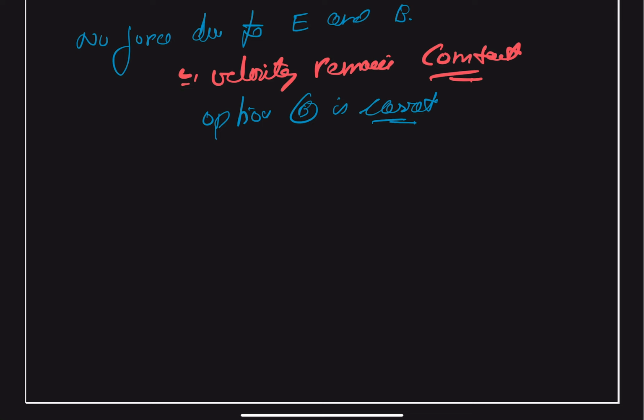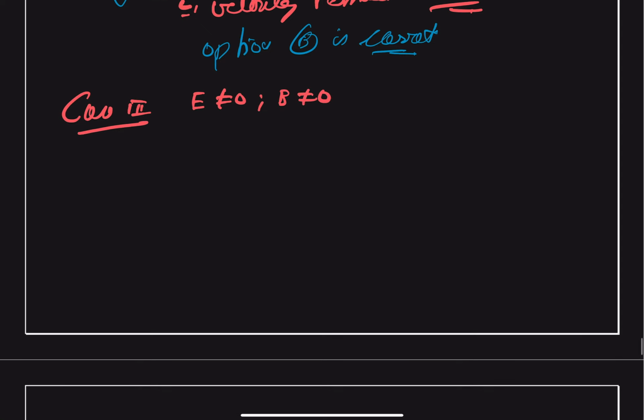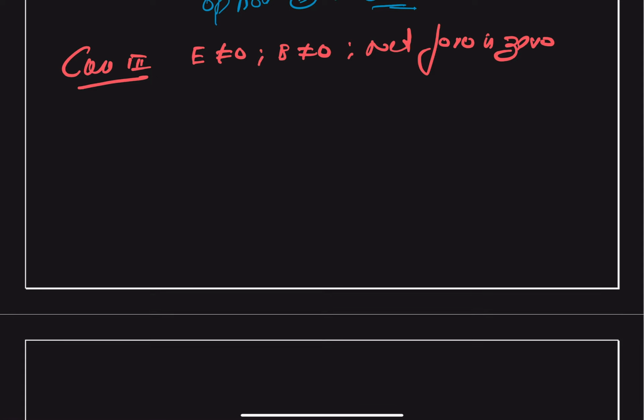And for case 3, both the electric field as well as the magnetic field are not equal to 0, but the net force is 0. Which basically means force due to electric field plus force due to magnetic field is 0, or we can also say that force due to electric field is negative of the force due to magnetic field.